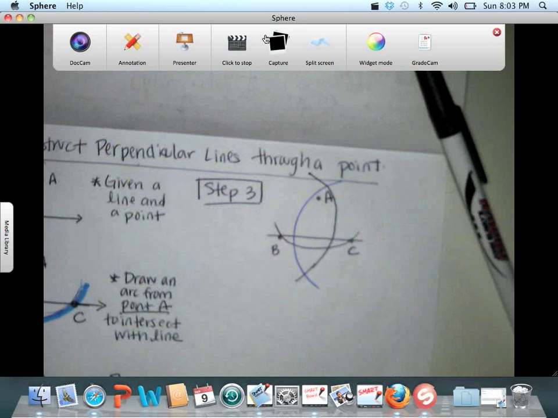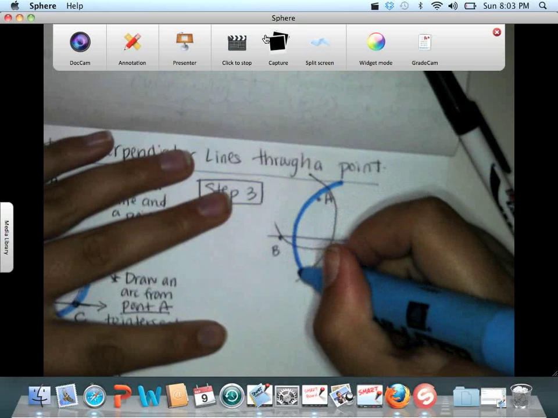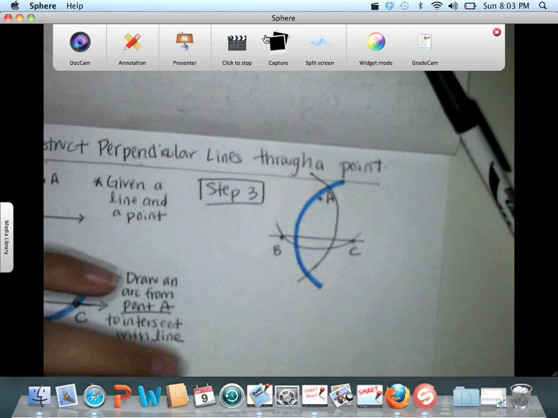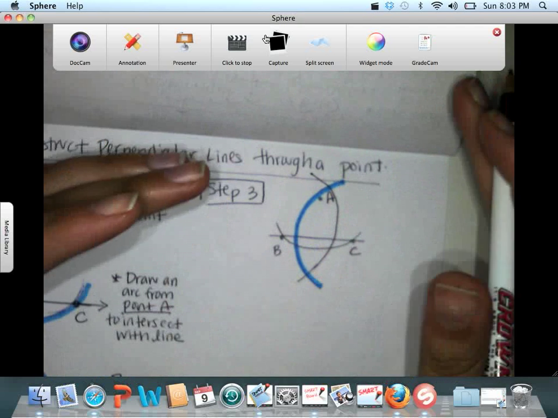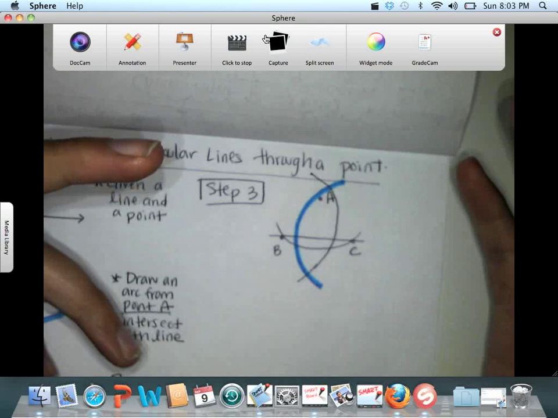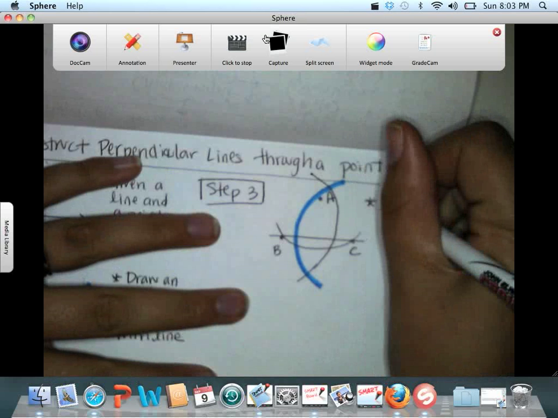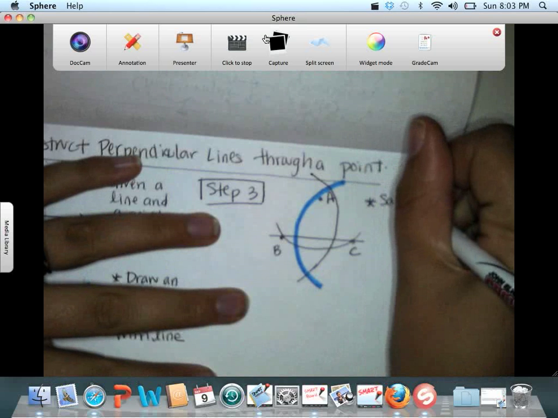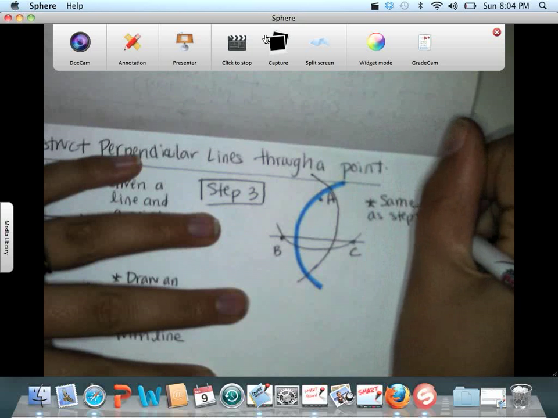Like so. Okay, so this was step number 3. Now this is a little off because I sketched it, but that's okay, because the point is just to know what to do so that when you actually have the real tools, you can do the real thing.